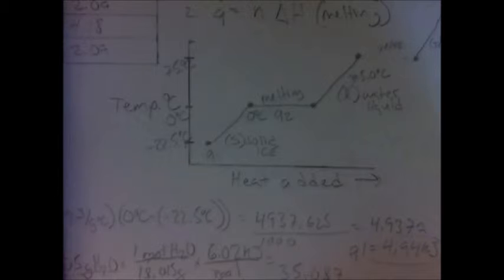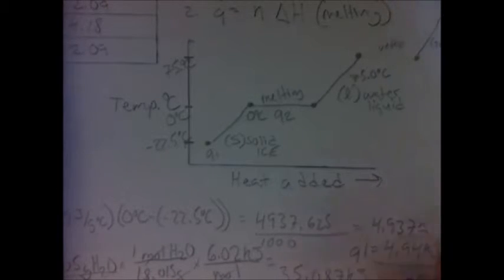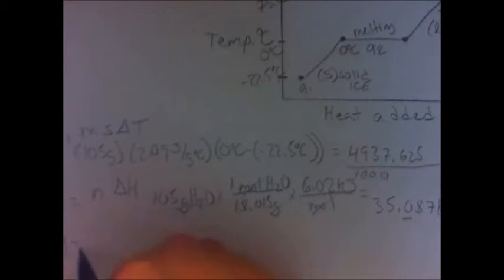Now we also need to take this to the third sig fig. This will be kilojoules. So Q2 is now equal to 35.1 kilojoules. We'll need to do equation 1 again one more time because we need to go from the graph. At this point we're at melting, so we'll need to become liquid. And to do that we'll use the first equation again. So we'll have m s delta T.